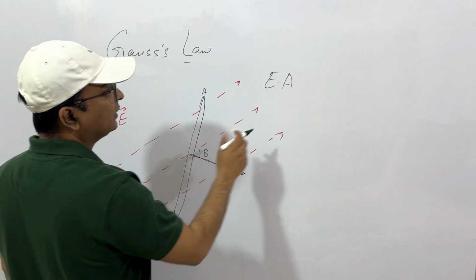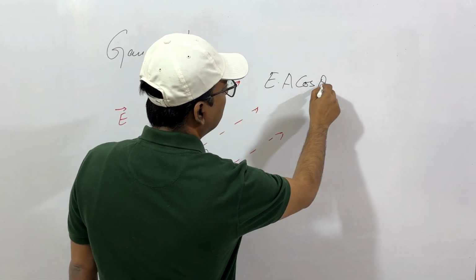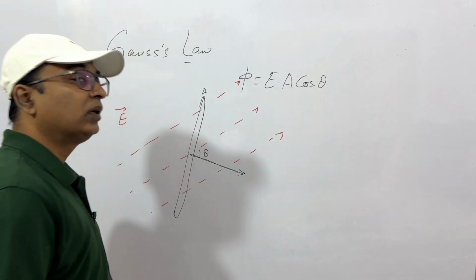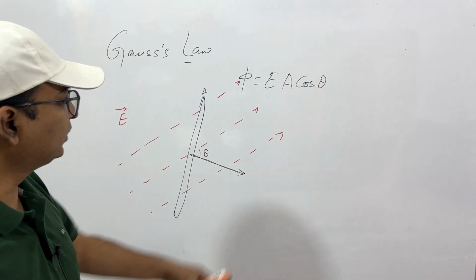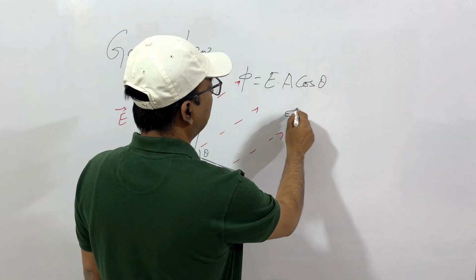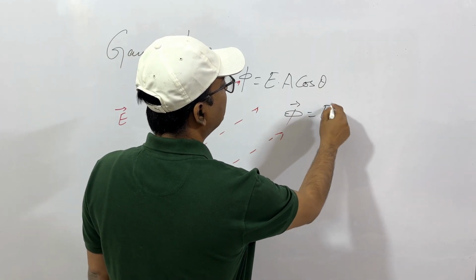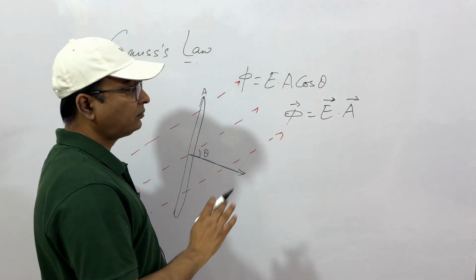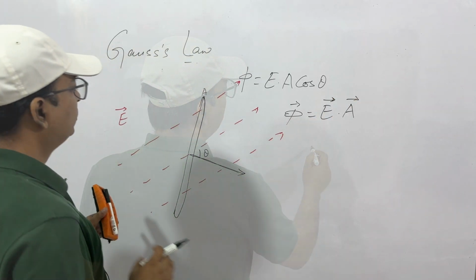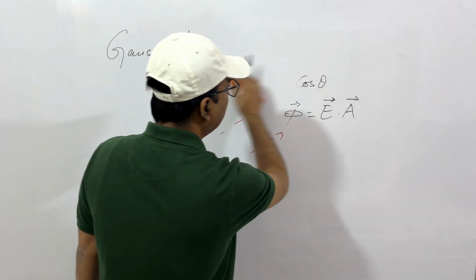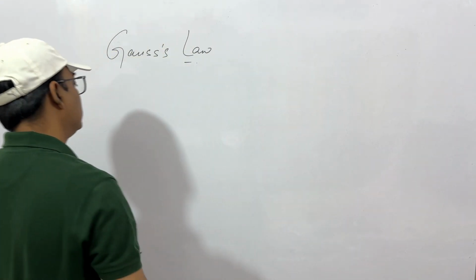This is called electric flux, that is passing through the surface. So in vector form this will be E dot A. Clear? So now when you know what electric flux is, let's understand what Gauss's law is.